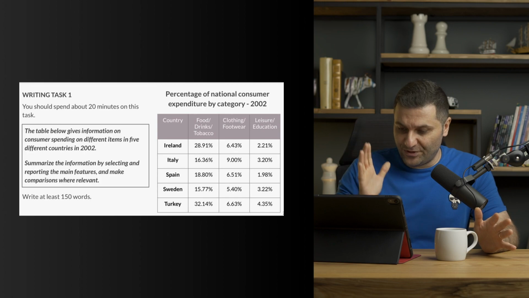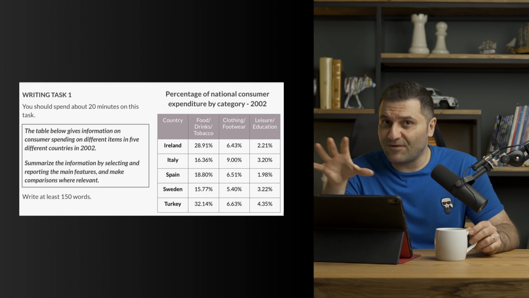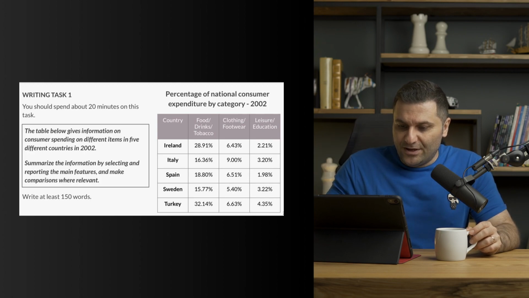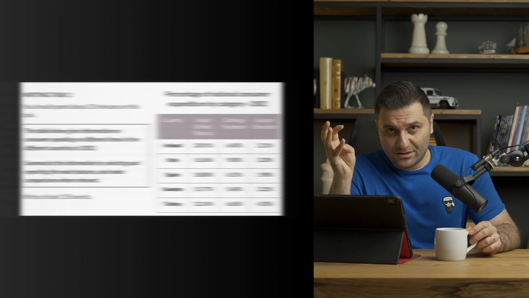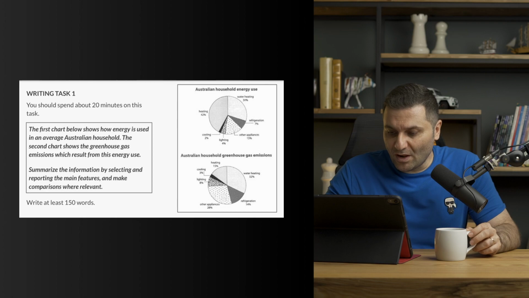We should compare these 5 countries and their, let's say, spending on 3 different items, all right? And then we have pie charts in comparative graphs. As you're seeing right now, this is a kind of pie chart.